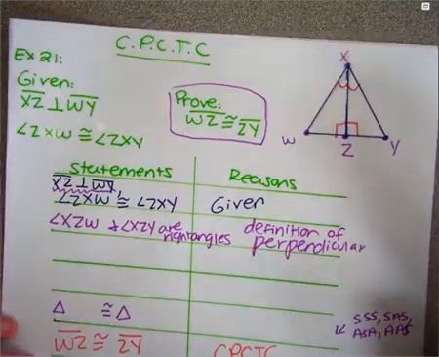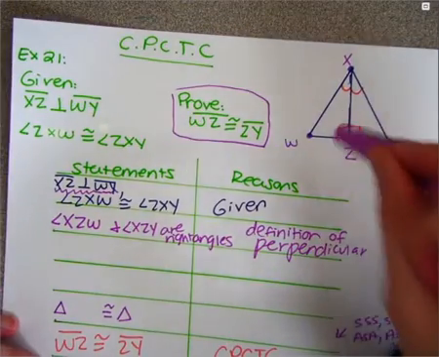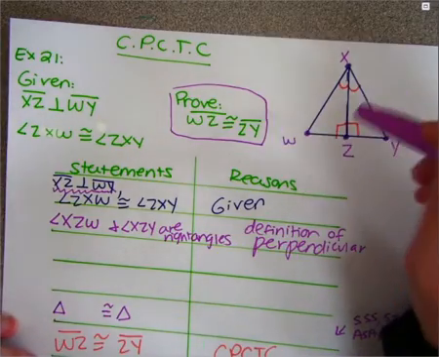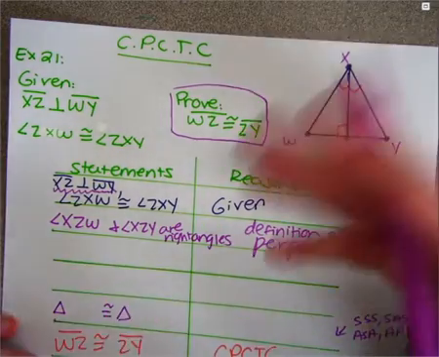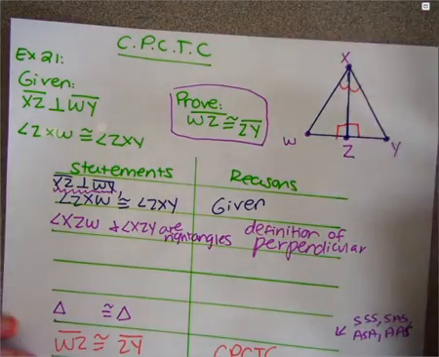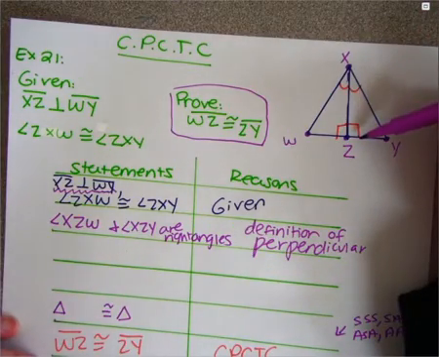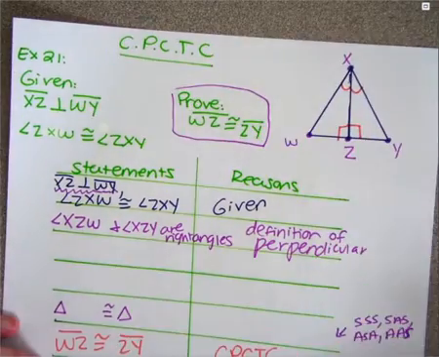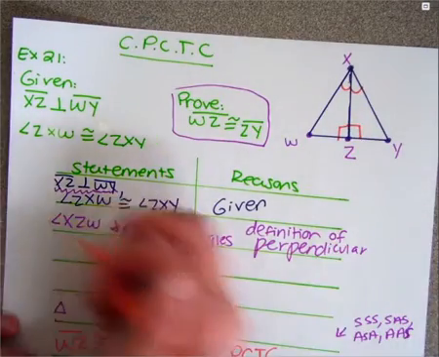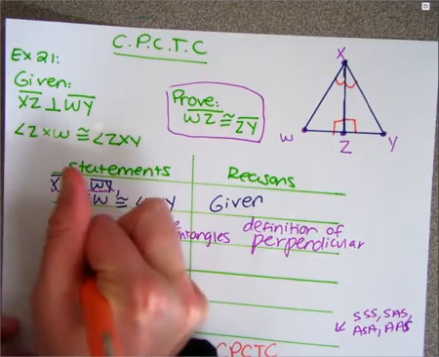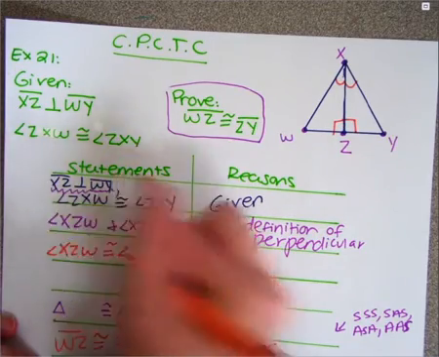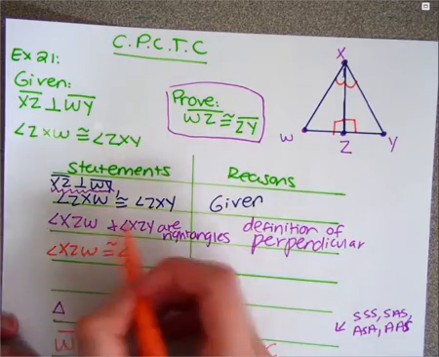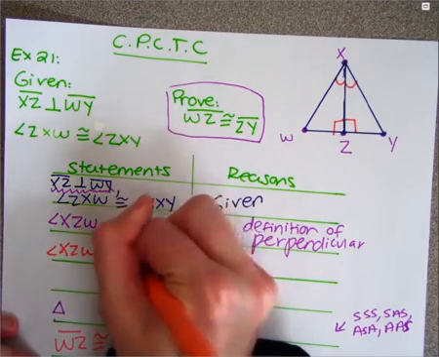All right, now remember you guys, if you have right angles marked in your picture, that is not telling you they're congruent. All that's telling me is that these are right angles. But since we know that right angles are 90 degrees, it has to mean that they are congruent. So I also know that angle XZW is congruent to angle XZY.